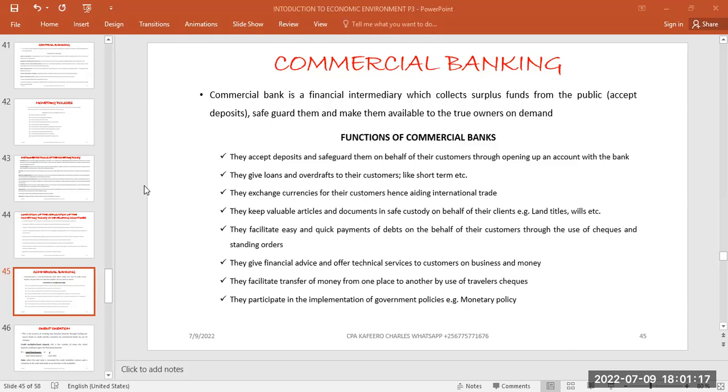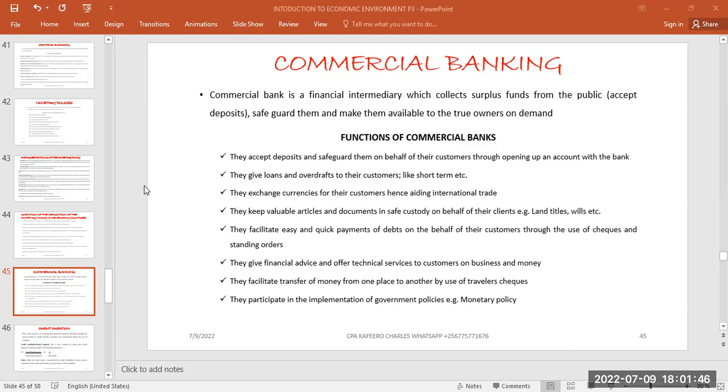They facilitate easy and quick payment of debts on behalf of the customers through the use of checks and standing orders. You can write to the bank and give them a standing order to pay your monthly subscription, let's say to DSTV, and they will make those monthly payments. It means they help you pay the debts on time.